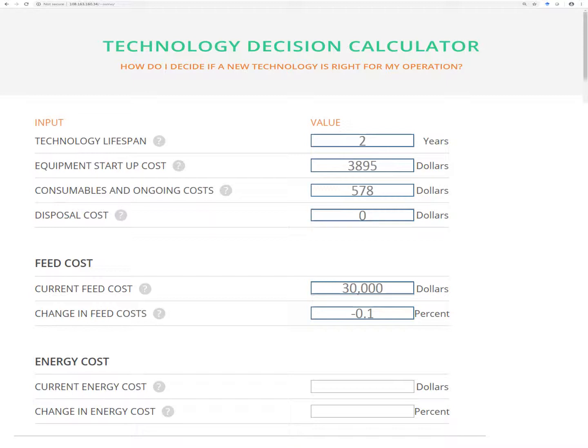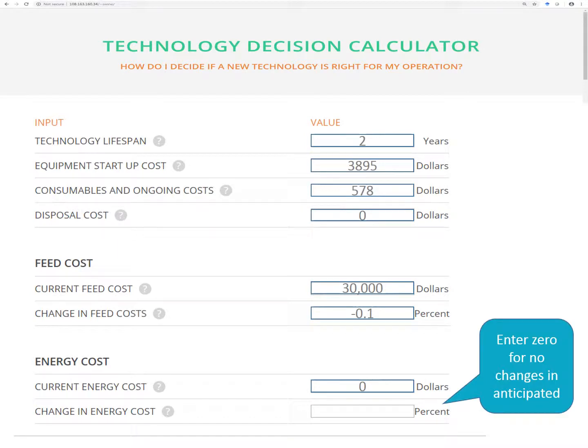So being a reduction, it's going to carry a negative figure, and that is why we have a negative value there. Energy costs: the new technology does not run on energy, so I don't have extra costs in terms of energy, so I put in 0.